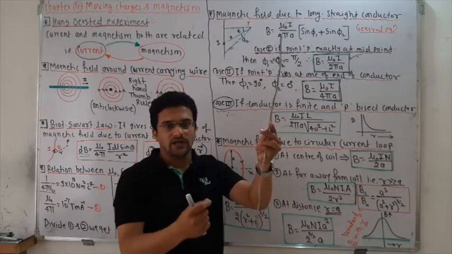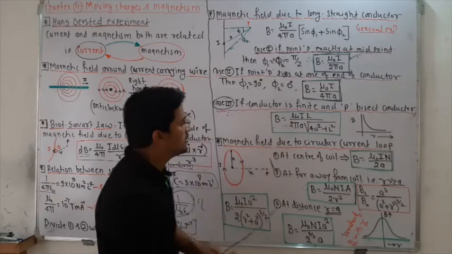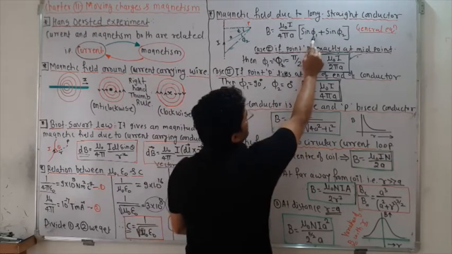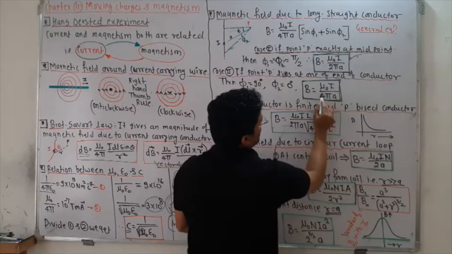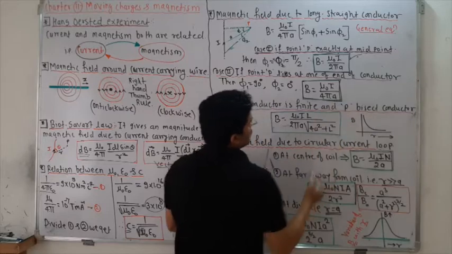So phi 1 will be 90 degrees and phi 2 will be 0 degrees. If you place these, automatically you will get mu naught I divided by 4 pi a. So this is the thing.